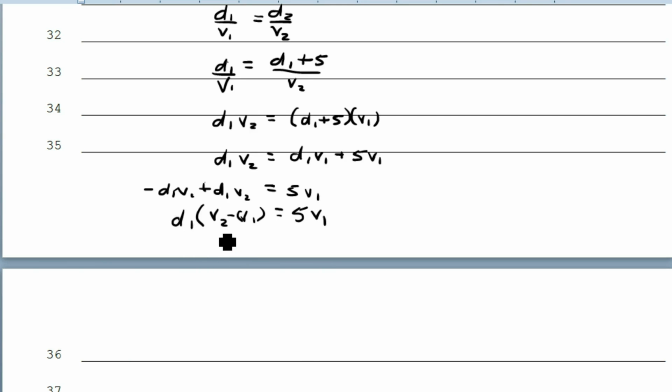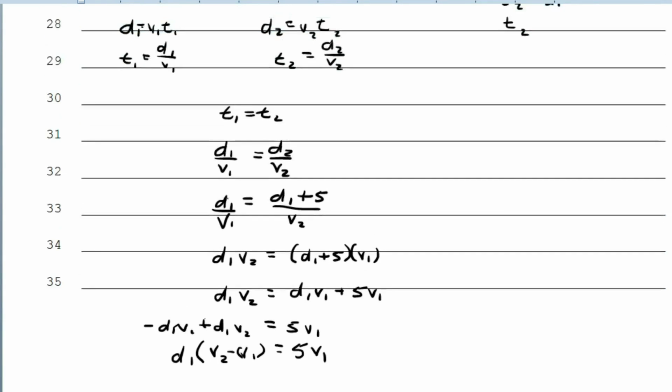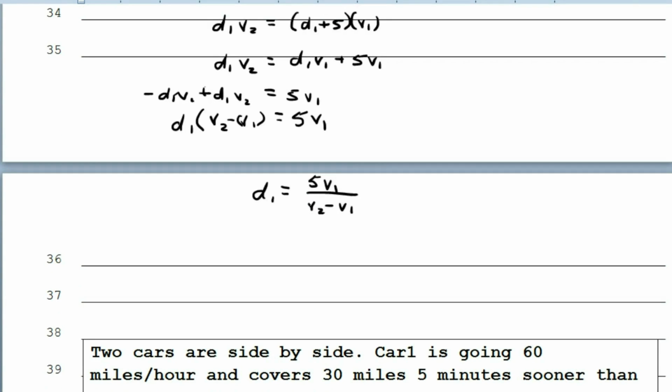Isolate the D1 means dividing by V2 minus V1. We'll have D1 equals 5 V1 divided by V2 minus V1. And we know V1 and V2. V2 is 70.